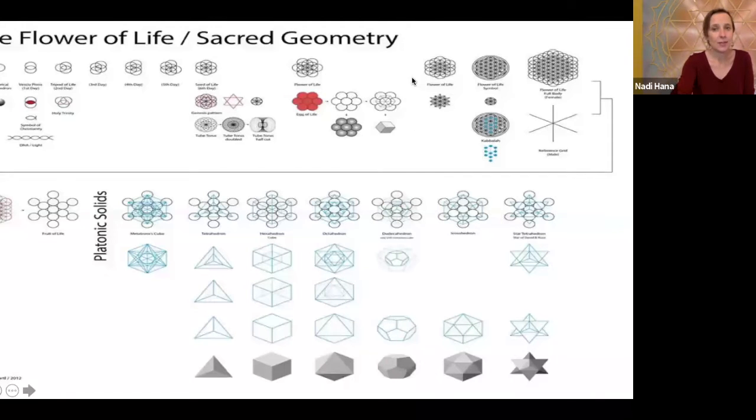And that takes us to the flower of life, which can have a bunch of different forms. Today we will be doing this iteration of the flower of life, which is enclosed in the zona pellucida. And then we'll also be doing the full expression of the flower of life.